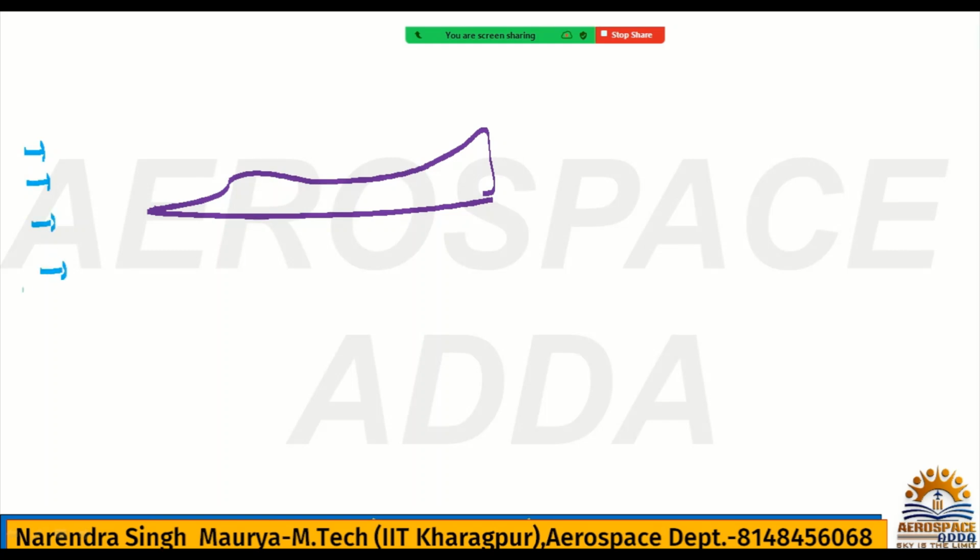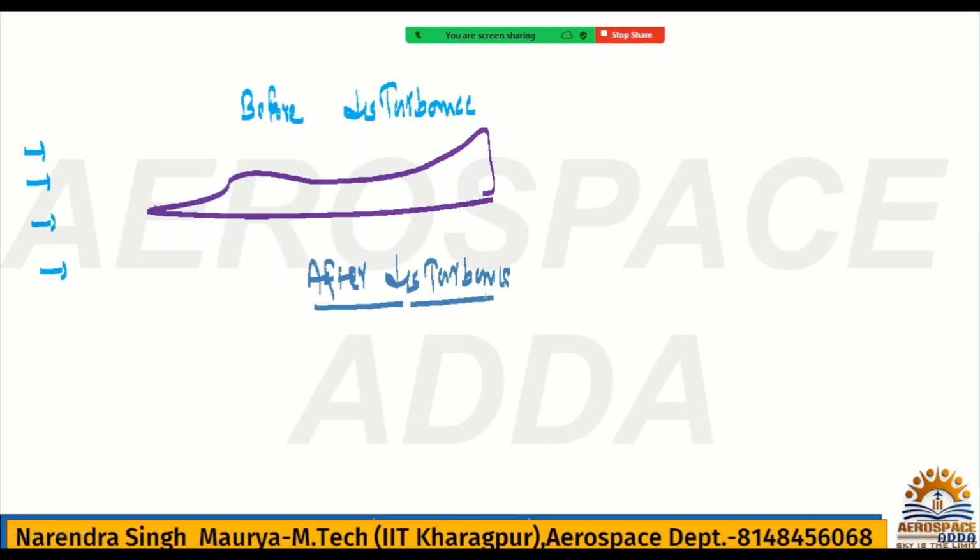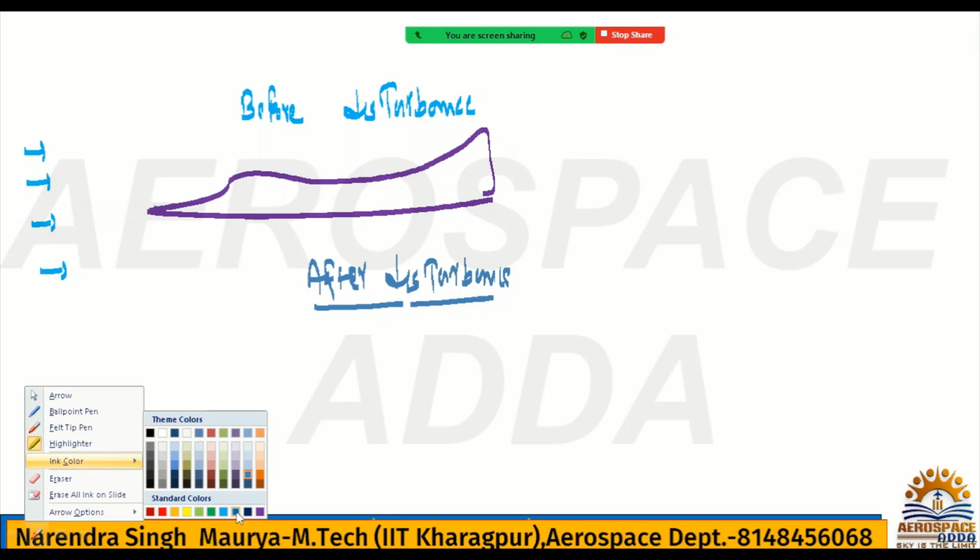Now once a disturbance came, this airplane is hit with the disturbance. So this is before disturbance, and next is after disturbance. In the case of after disturbance, two options are there.